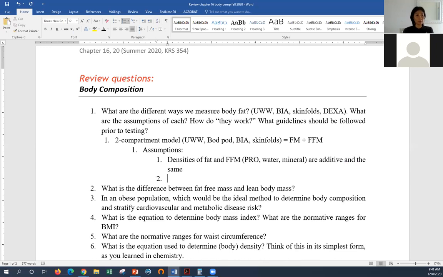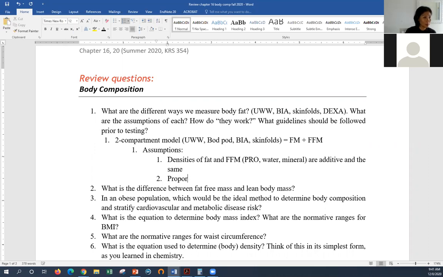In African Americans, they have a higher bone mineral density, so the density of their fat-free mass is going to be higher than that of Asians, who usually have lower bone densities. This is why in lab you use a specific equation for that race or ethnicity. It's meant to dampen or take into account these assumptions.